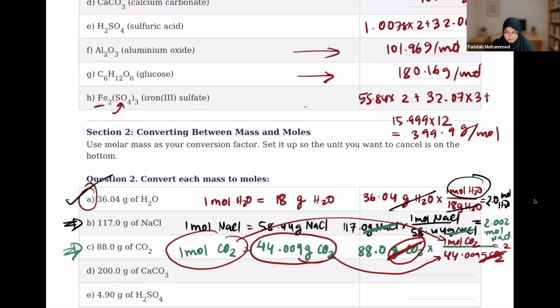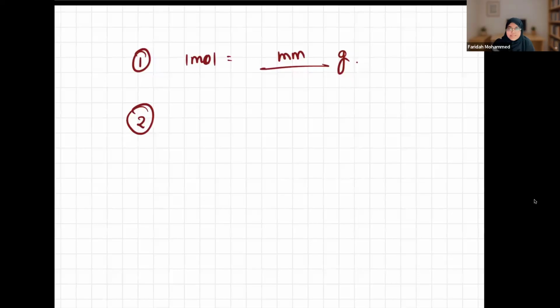Okay. I think we will go to the particles. So far, the relation that we learned is that 1 mole equals whatever the molar mass is in grams, right? The second relation is that 1 mole of any particle equals 6.022 times 10^23 particles.